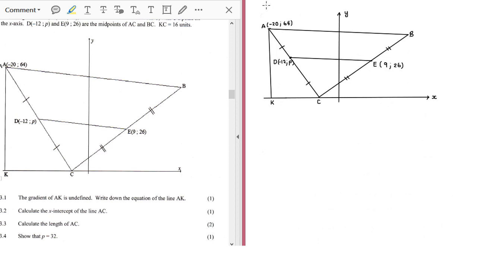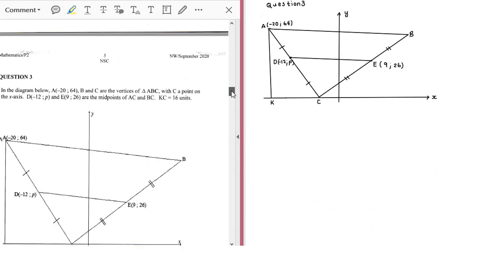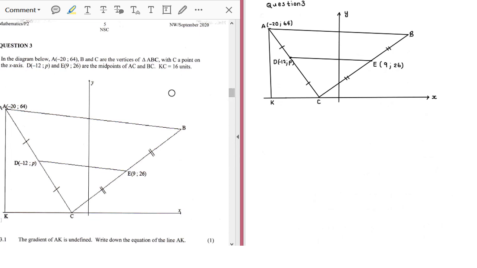Now we've reached question 3, which is basically our analytical geometry. It says, in the diagram below, A with point (-20, 64), B and C are the vertices of a triangle ABC, with C a point on the x-axis, and we can see that right over there.